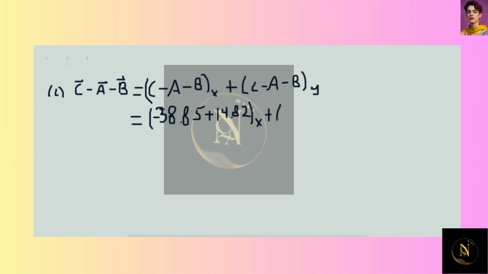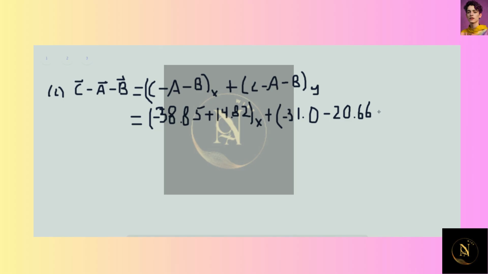Plus, we're going to do this for the y direction now. So C is minus 31, minus A. A in the y direction was 20.66, so it's minus 20.66.